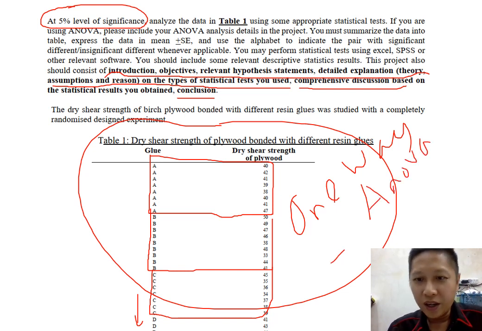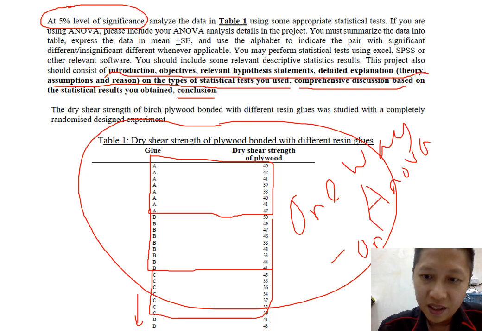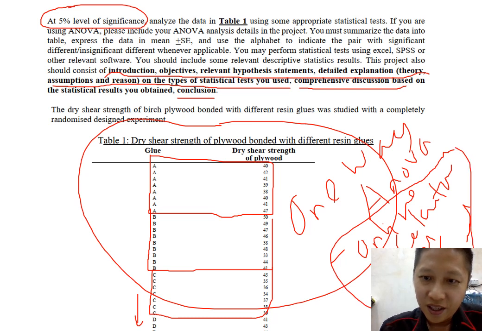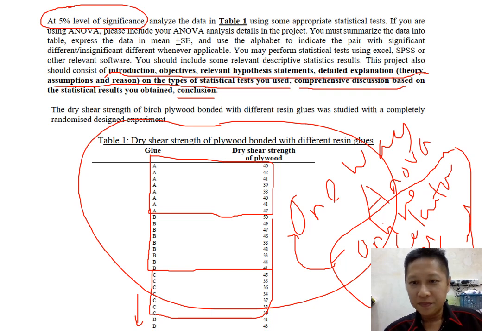For one-way ANOVA, you can use any online calculator. You can use Excel. You can use SPSS. You can even do it manually. At the end, it's going to solve for you. It doesn't matter whether we use SPSS or Excel.